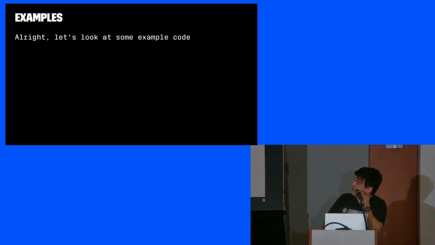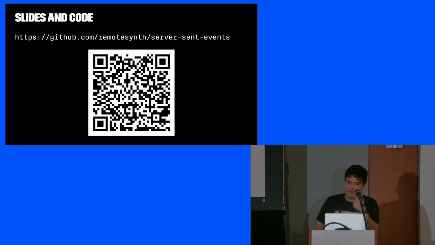Okay. So those were my examples. I put all those examples up as well at that URL. It's on a GitHub project. You can just scan that. The other thing I put in there is all of these slides, as well as my speaker notes for all the slides, which helps to add some context, because a lot of them are just images.